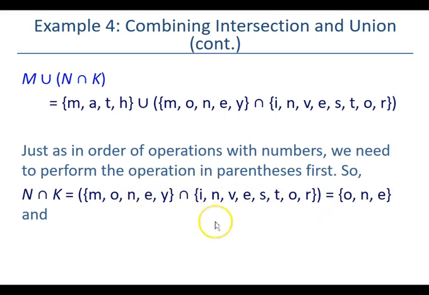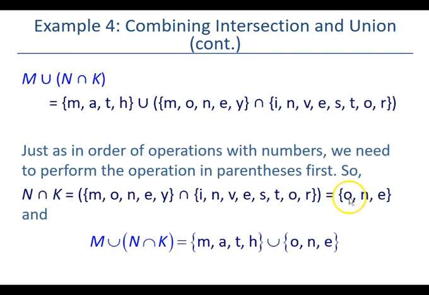So, from this, the intersection of letters are the letters O and E. So now we've done this part. It's O and E. So we just have to put it in union with all of the letters in math. There's math. There's 1. And there's our final answer.